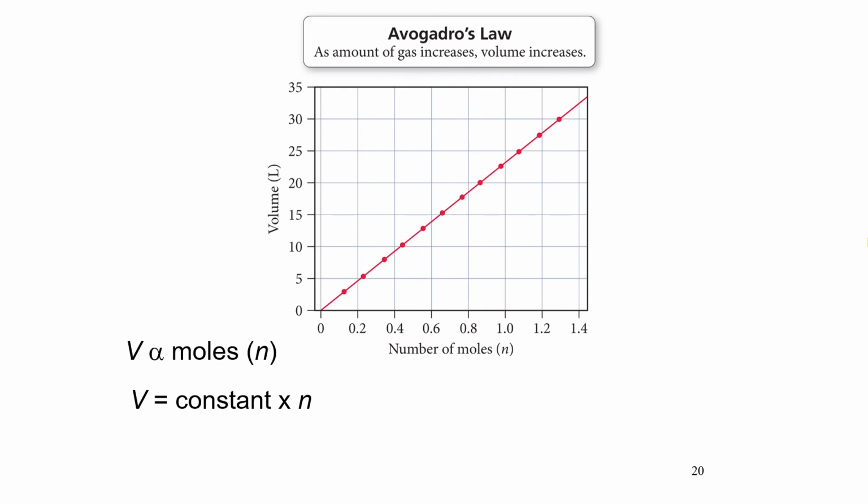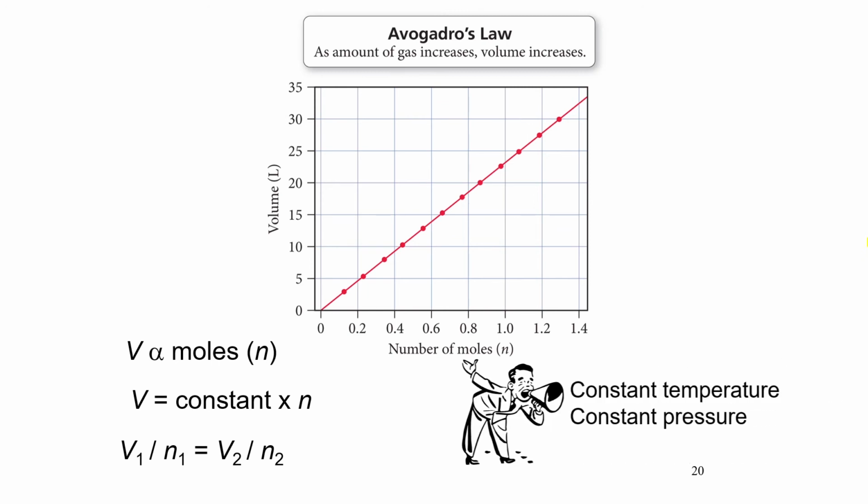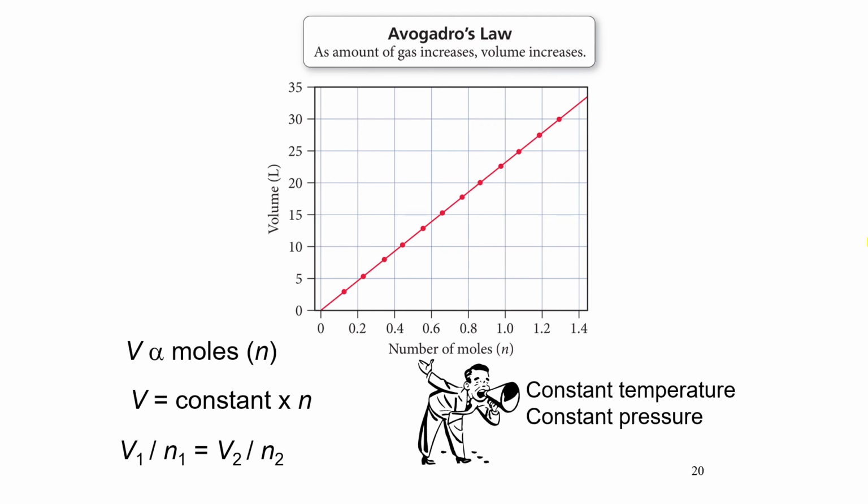That means the volume is always the number of moles n times some constant, or in other words, V1 over n1 equals V2 over n2, because that ratio is always a constant. Don't forget, in order for this to work, we have to keep both the temperature and the pressure constant, because those two other factors also affect the behavior of the gas.